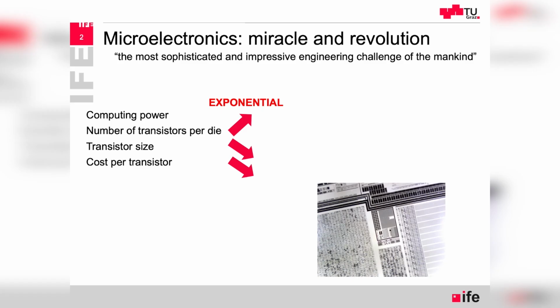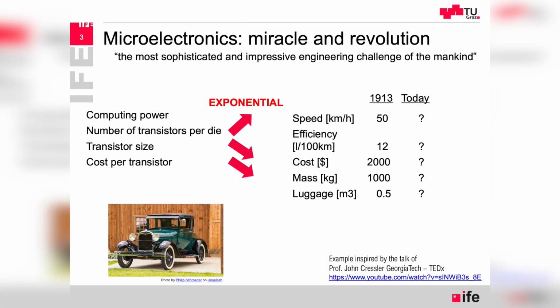To understand how great an achievement it is, this microelectronic trend will be compared to the trend in the automotive industry. If we look at microelectronics and Moore's law, we will still be talking about it, but we look at how the number of transistors per unit area is increasing over the years.